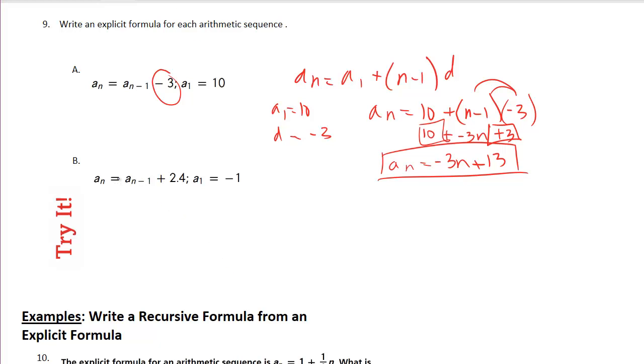Okay, let's do the same thing down here. We'll try another. So again, my formula, a sub n is equal to a sub 1 plus n minus 1 times d. A sub 1 is equal to negative 1. I'm told my difference is 2.4. So we'll sub in.